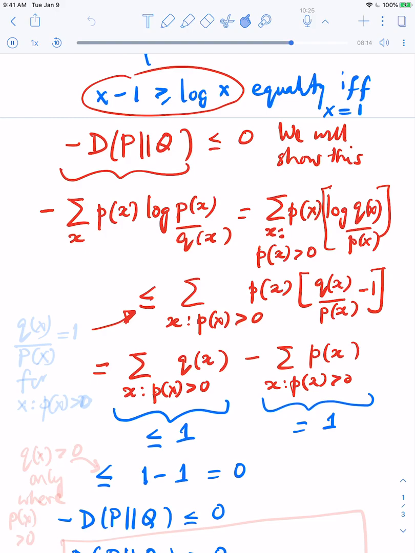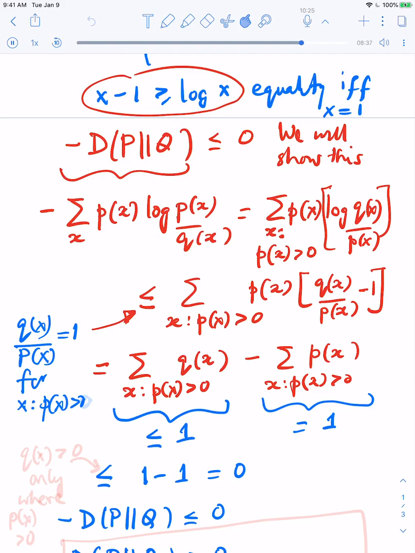So I'm applying it to q x over p x. This guy will be equality only if q of x over p of x is equal to 1 for x such that p of x is bigger than 0.